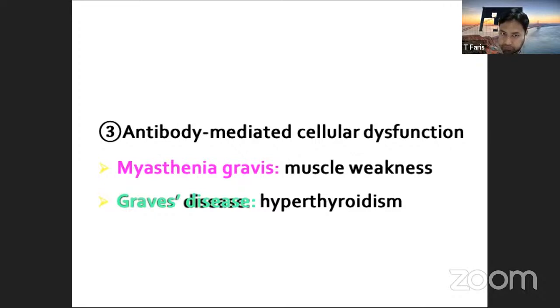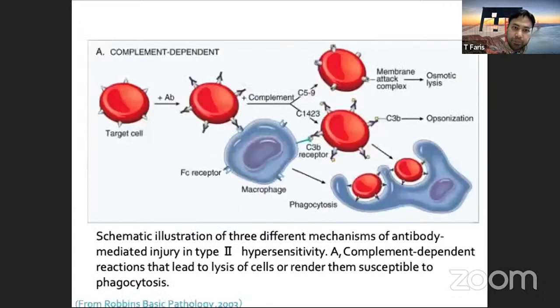Graves' disease is hyperthyroidism, an overproduction of the thyroid hormones, T3, triiodothyronine, which can cause the bulging of your eyes, right? So this is type 2 as well, but under the antibody-mediated cellular dysfunctions.